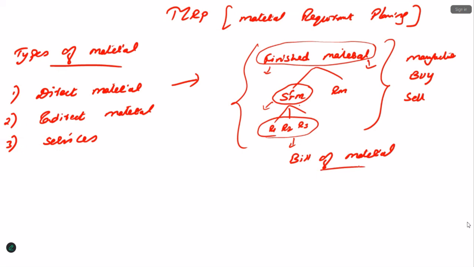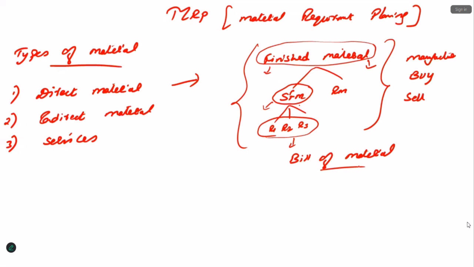We said that to get this finished material, we need to send these components to the supplier. We can tell we need this raw material with this quantity. So basically your raw material, your semi-finished material, and your finished material, which are linked with the bill of material, where you are buying this material, processing this material, and selling this material, all these materials and this process would be considered as direct material.